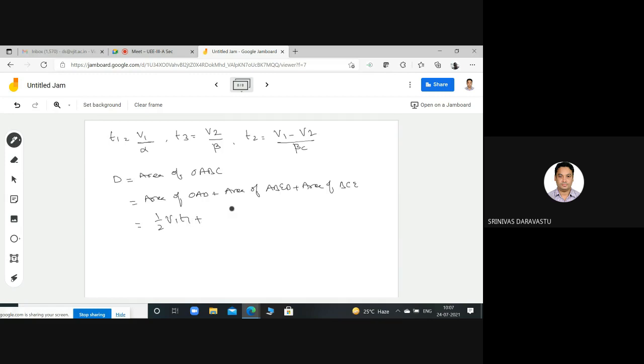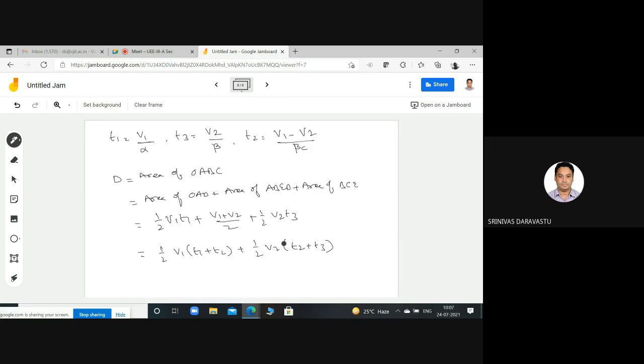The area of ABED equals V1 plus V2 by 2 into T2 plus half into V2 into T3.